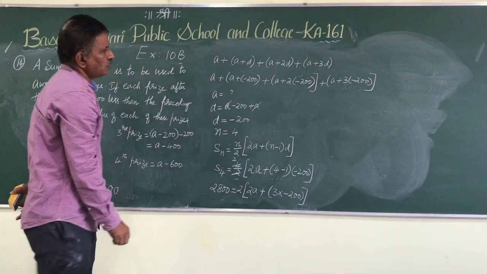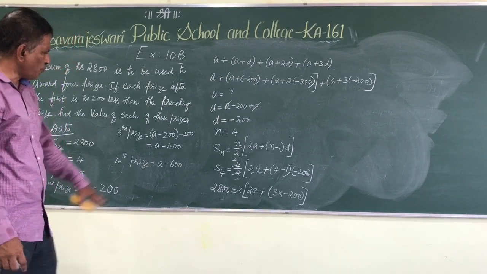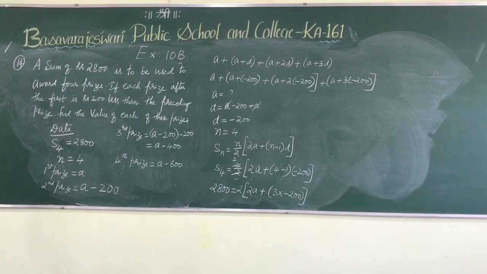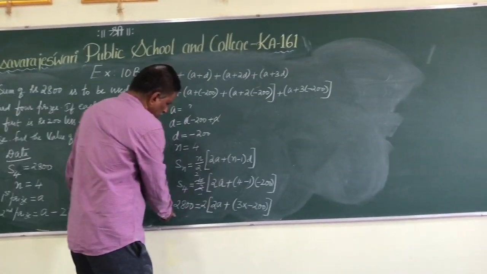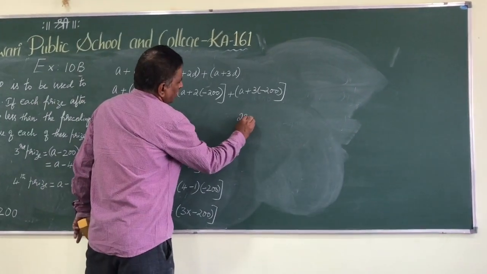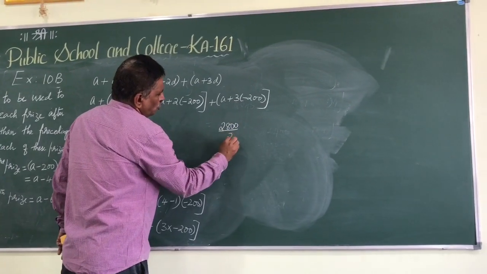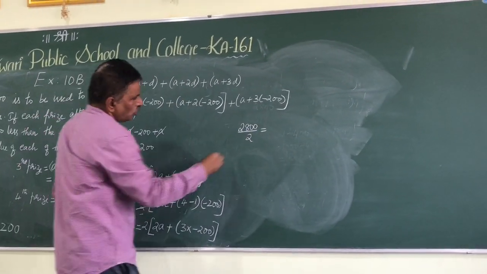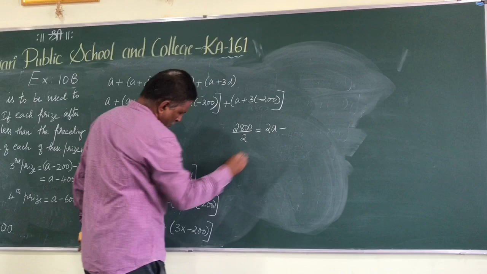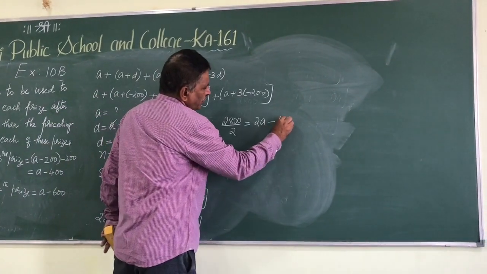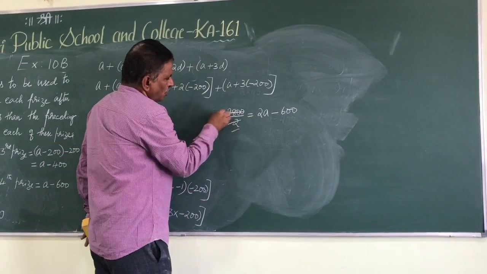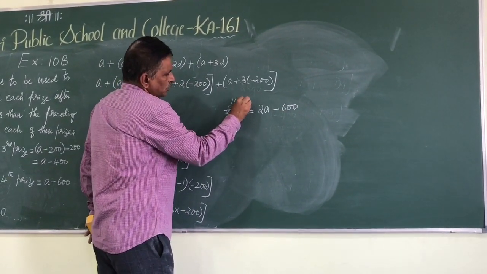Now copy down up to this. Now here, if I send it to this side, 2800 divided by 2 is equal to 2A minus, so plus into minus, 3 into 200 is 600. 2 1 time, 2 14 times.